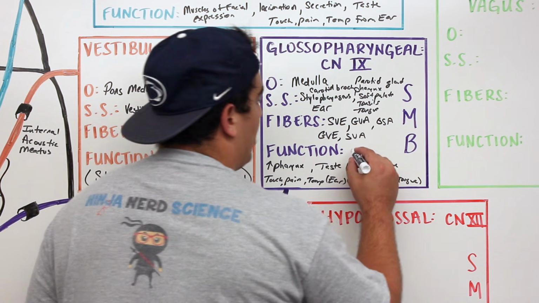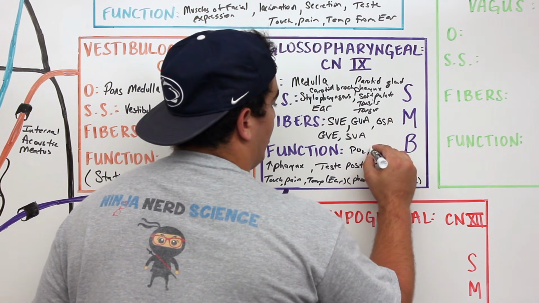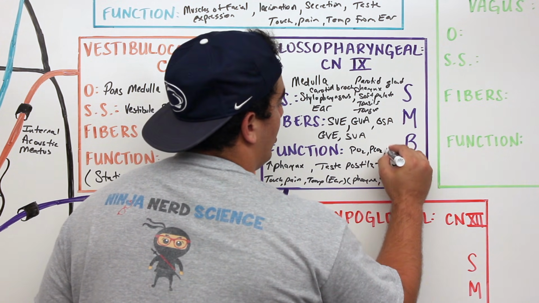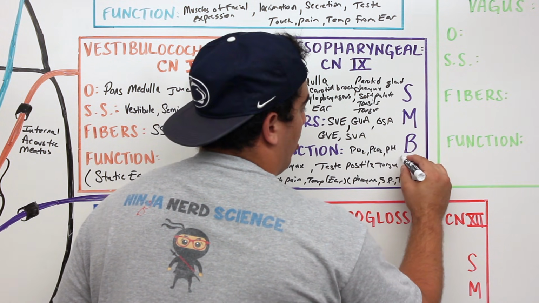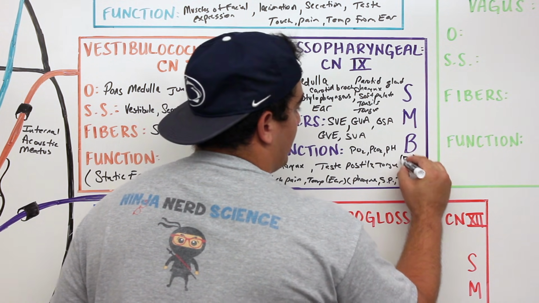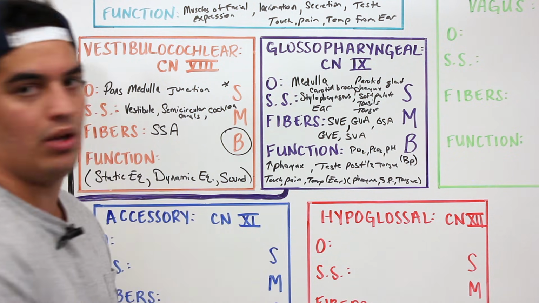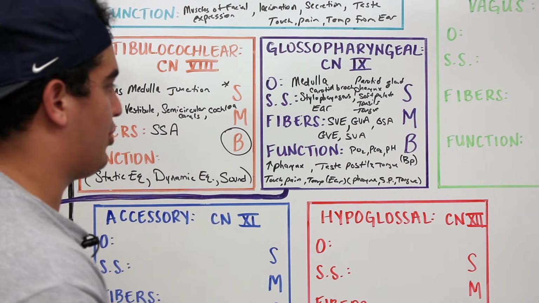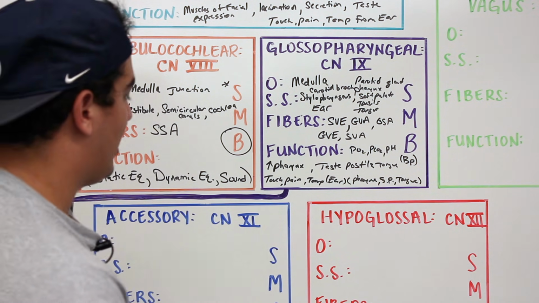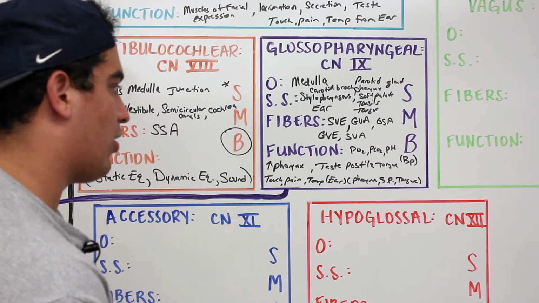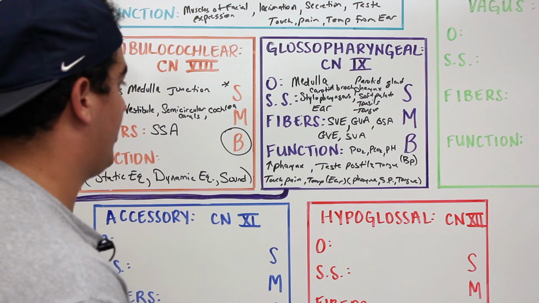So it picks up information on what's called the partial pressure of oxygen, the partial pressure of CO2, our arterial pH, and it also picks information up on our blood pressure. So if our blood pressure is too high, blood pressure is too low, it can regulate that and send that information into the medulla, which can control certain centers within the medulla via the cardiac acceleratory and the cardiac inhibitory center, and even the vasomotor center.